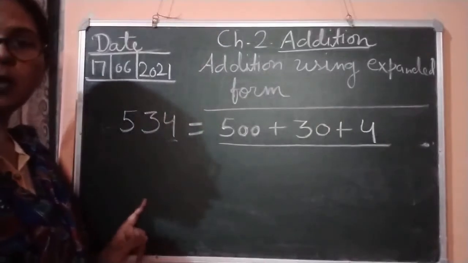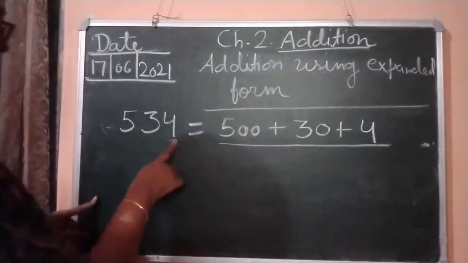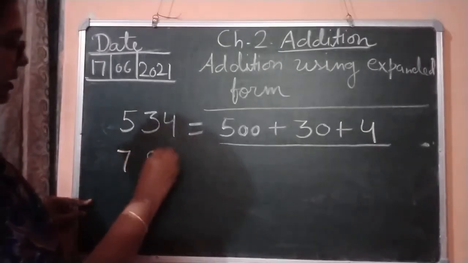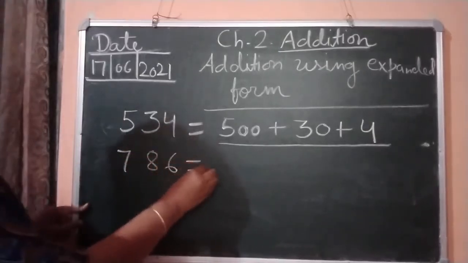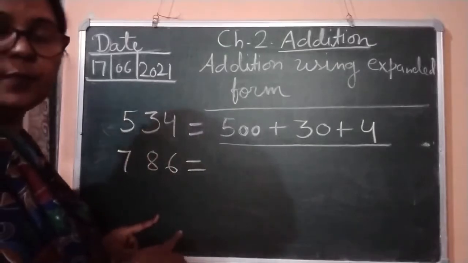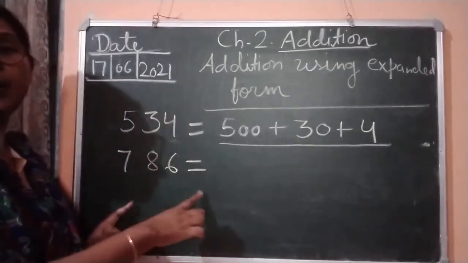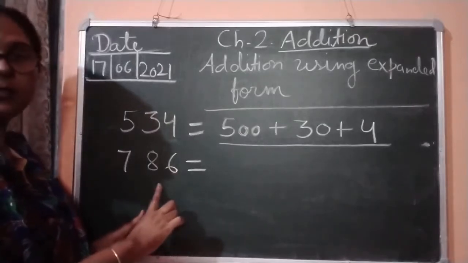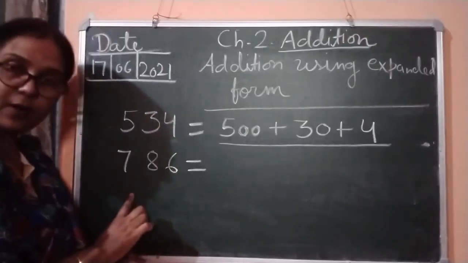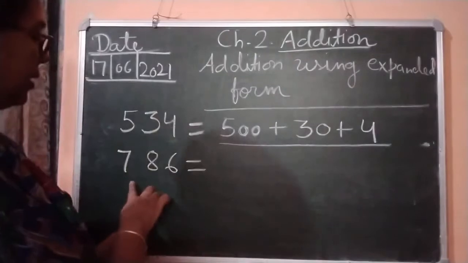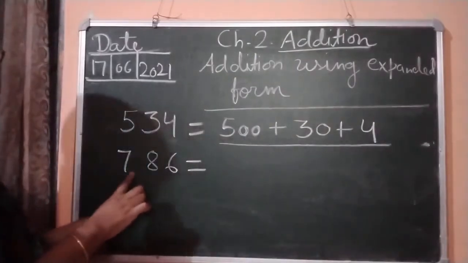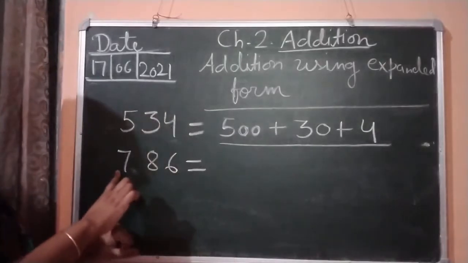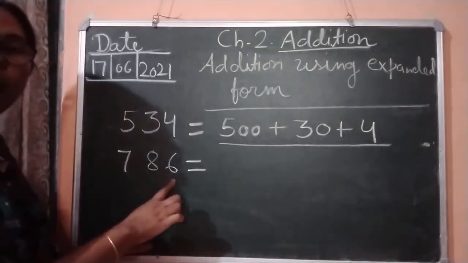Okay children, now we will take a new number, 786. How can we write this number in expanded form? First of all, this is ones, tens and hundreds. Now here you can see, after 7 you are getting 2 numbers.